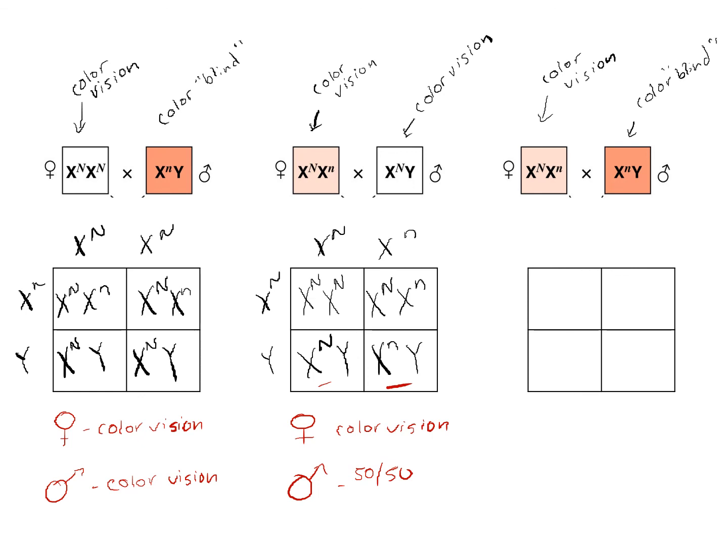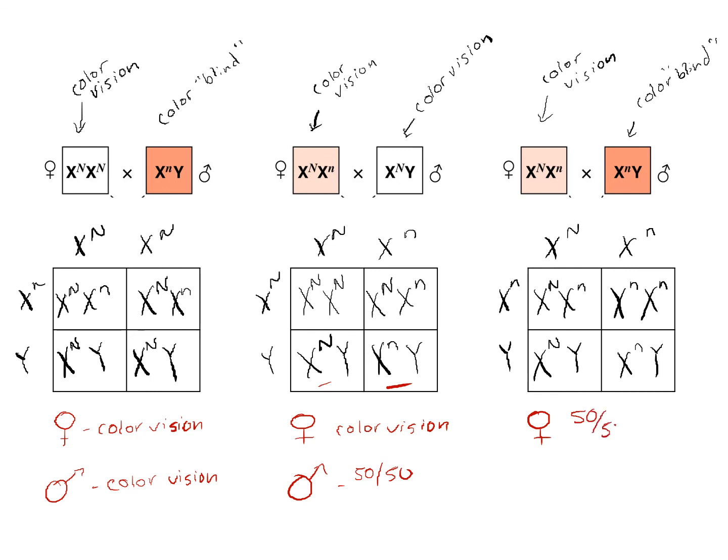Okay, so go through our Punnett square here. Okay, so here we go. Look at our females. We've got two females on the top there. There's a 50-50 chance that they will have color vision.